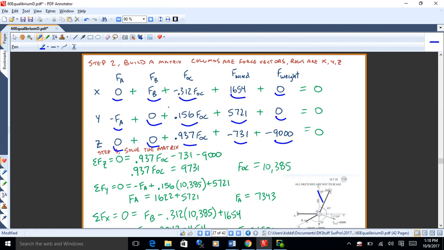Columns are forces, rows are x, y, and z. So we good with that idea there?